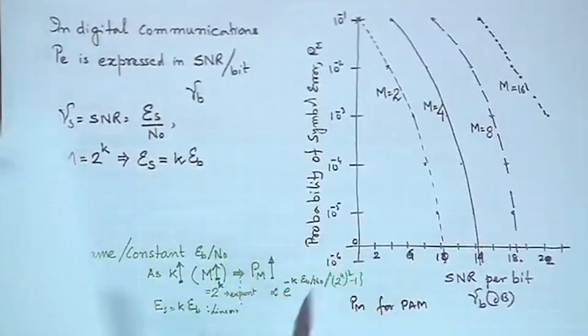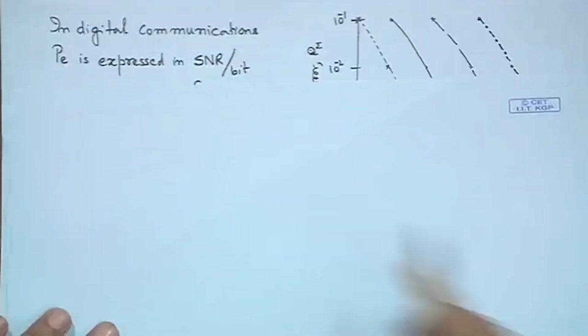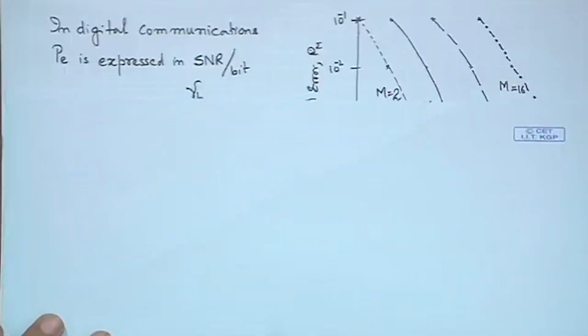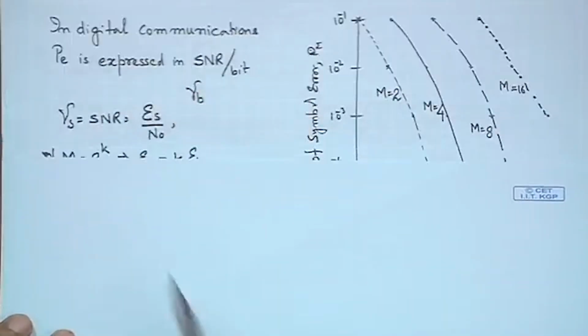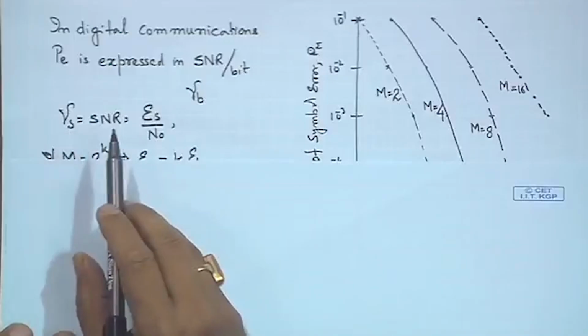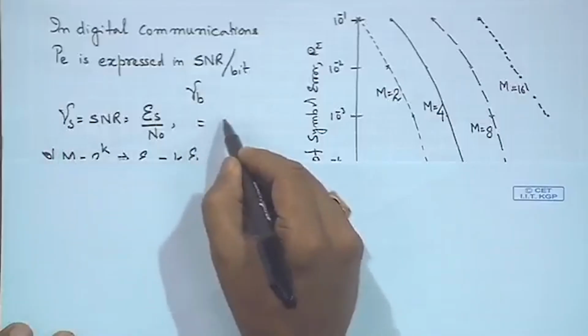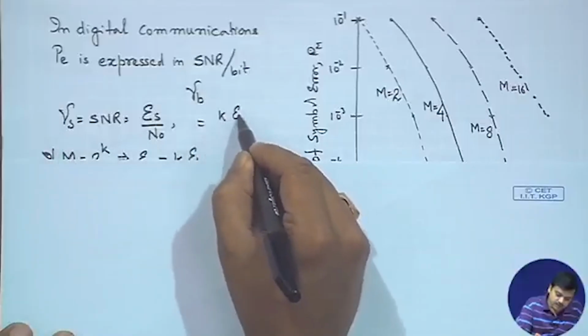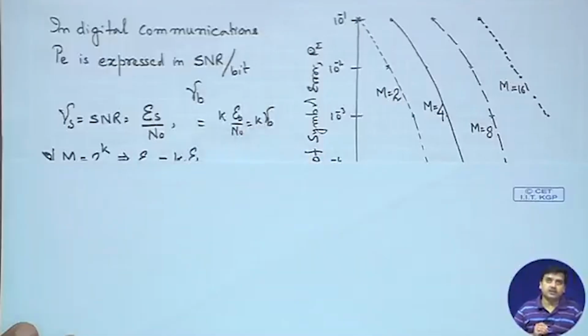We have already said that the probability of error expression is expressed in terms of average SNR per bit rather than SNR, and this is usually denoted by gamma b, and gamma s is usually used to denote the signal to noise ratio of the symbol. So, you could write it as k Eb by N naught, which is k times gamma b.